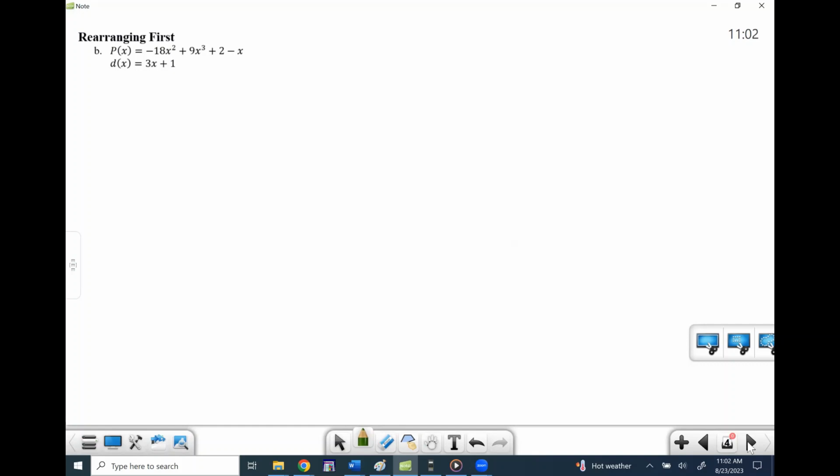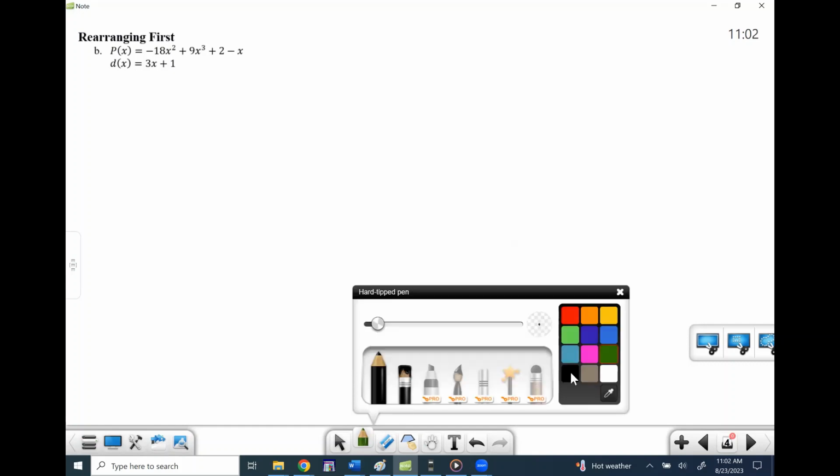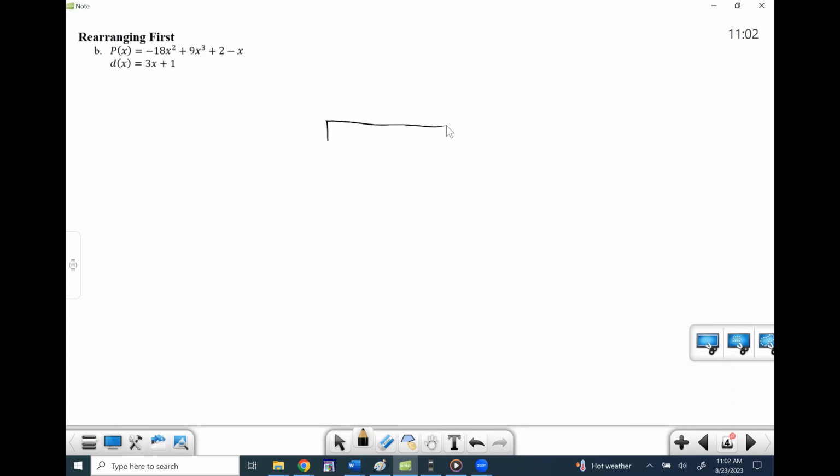So this one, we need to rearrange first. You can't just throw this guy into the box, okay? Because he's all out of order. You've got to make sure that whatever you're writing is in descending order. So our p of x needs to have the x cubed first, then the x squared, then the x to the first, and finally the plus 2.